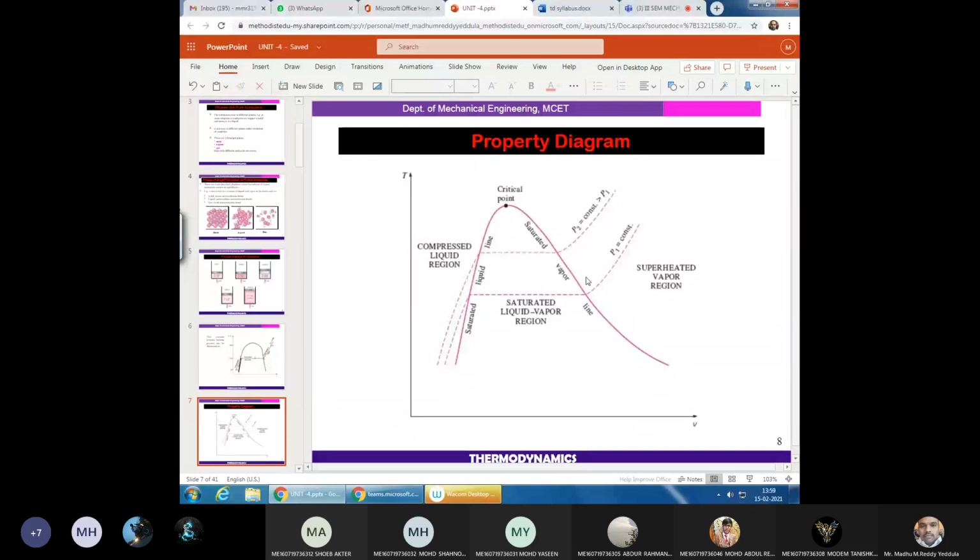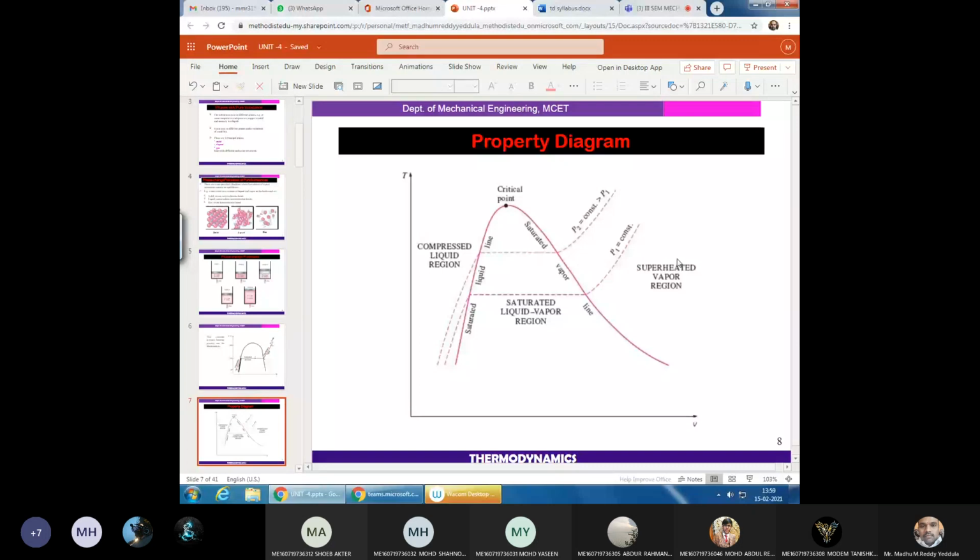Now, if you move left of the saturated liquid line, I can call this the compressed liquid region or subcooled region. And if you move right side of the saturated vapor line, it is the superheated region.